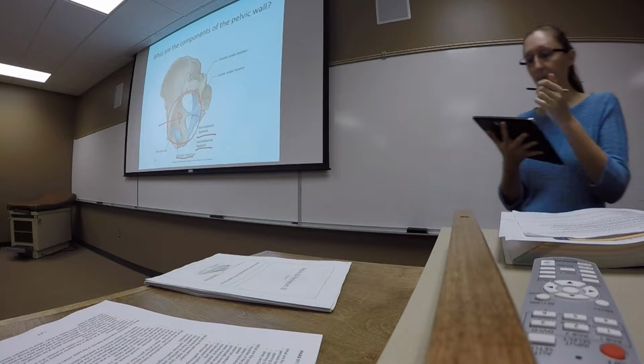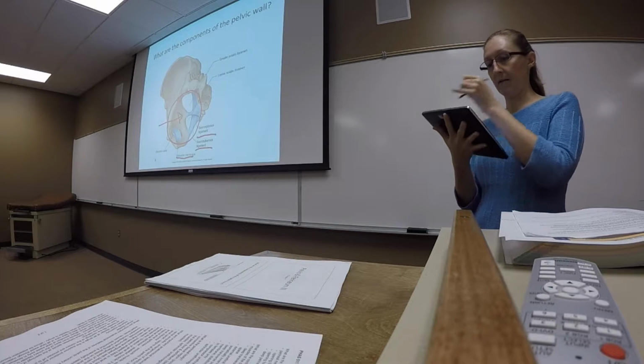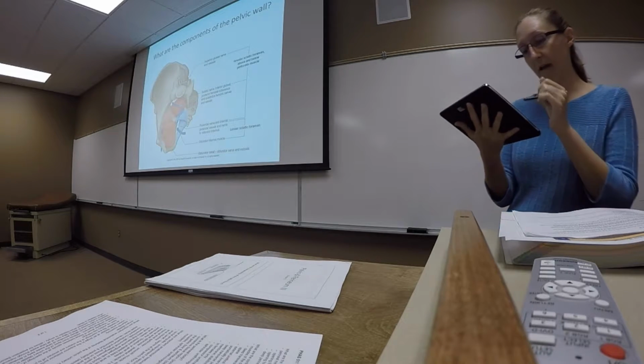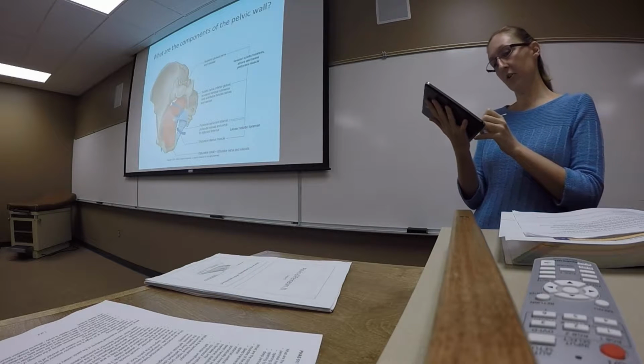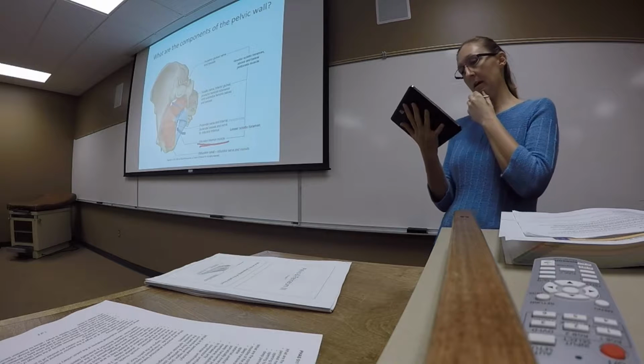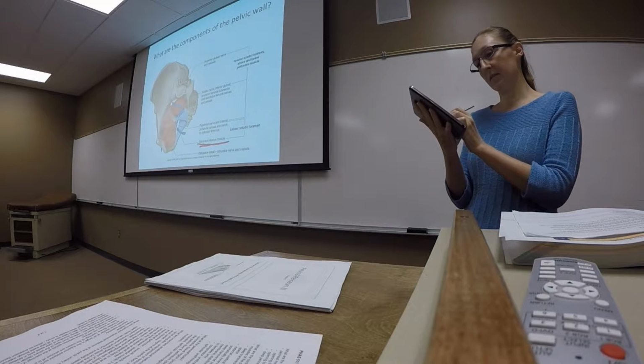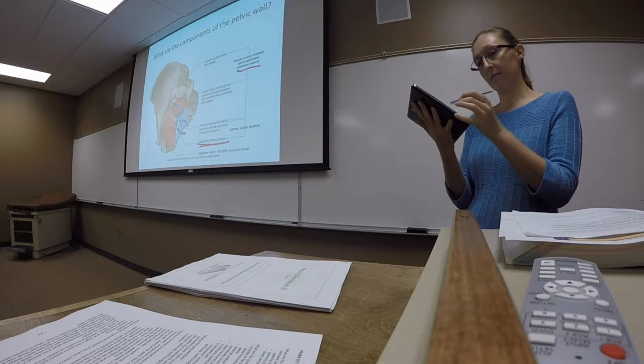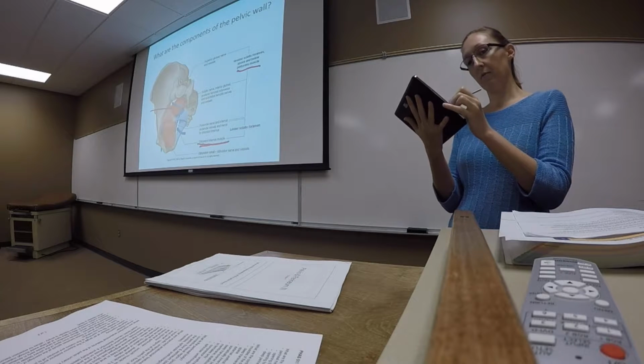We add another layer on. Remember, we have the obturator internus muscle and the piriformis muscle here. This is piriformis.